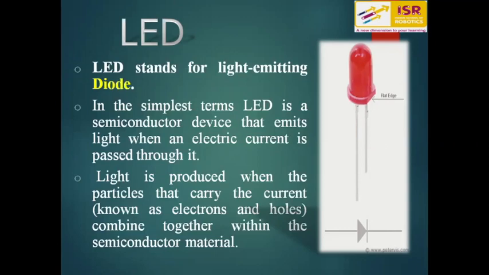Semiconductor material here means the material that is generally used for the manufacturing of your LEDs. We have many types of semiconductor materials. The most commonly used is silicon or germanium, with which our LEDs are made.